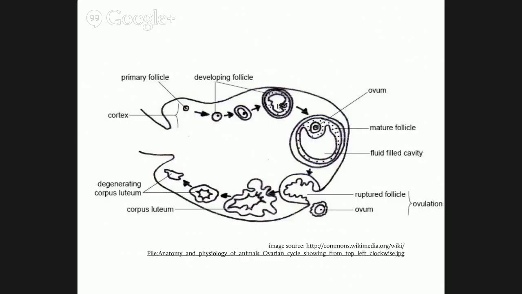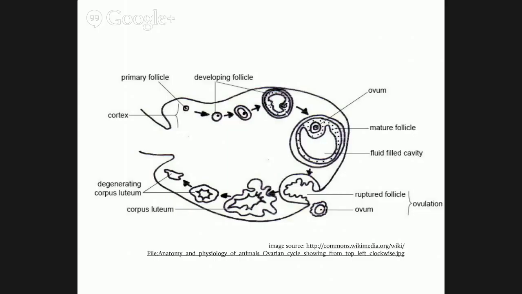It depends on where you cut through this section. If you happen to cut through right here, you see that it's attached. If you cut through at a different angle, you don't see where it's actually attached. So it seems to be floating in the middle of things. But this is a better representation of how it's attached to the side of the follicle still.